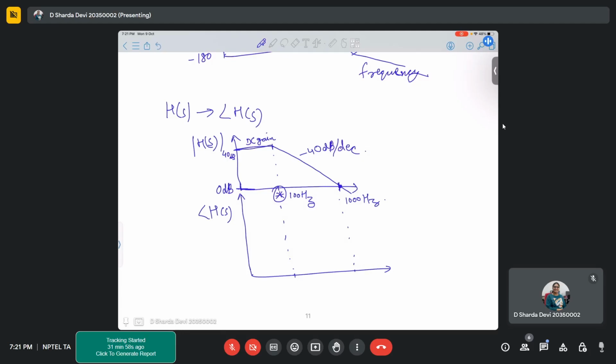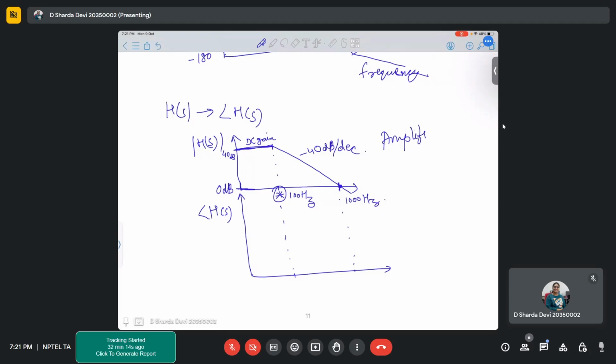When it has constant gain, that means in this particular frequency range till 100 hertz, basically this is an amplifier.